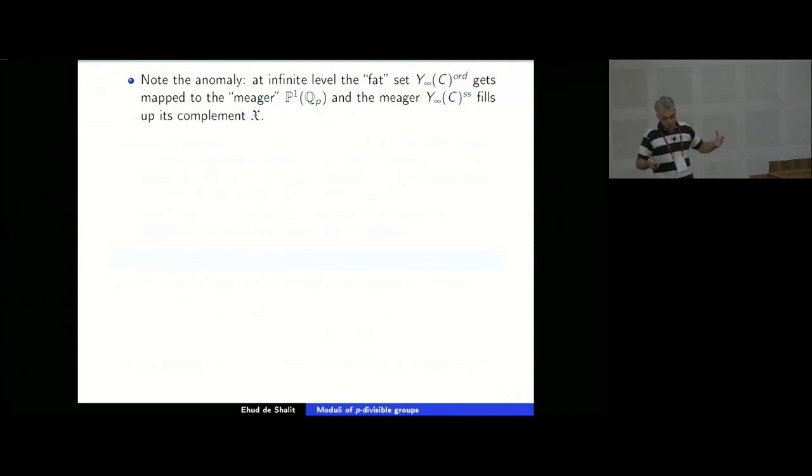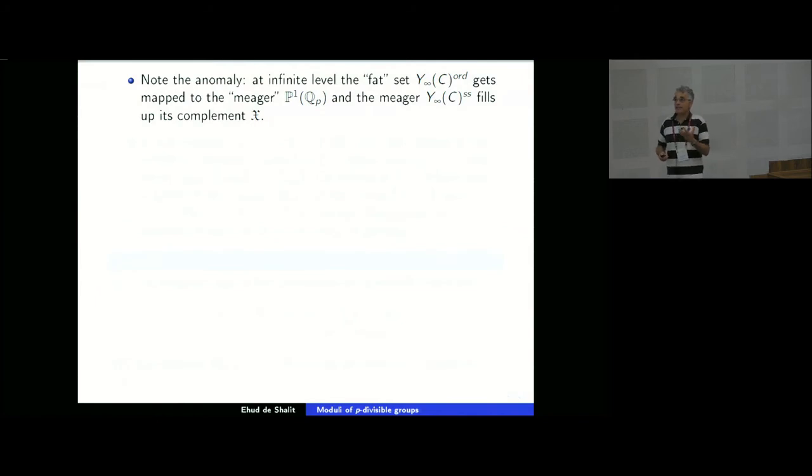Without talking about the reduction, it's a finite number of residue disks in the rigid analytic picture. And the remaining part is a big affinoid, or union of affinoids, that is fat. So you would think that when you go to the limit, this picture that we have in mind of what's small and what's big, what's meager and what's fat, would remain the same.